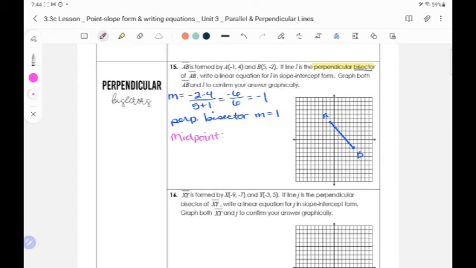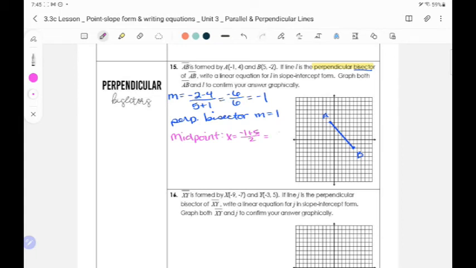So we've got the x's are negative 1 plus 5 over 2. Let me give us a little more space. So sorry.